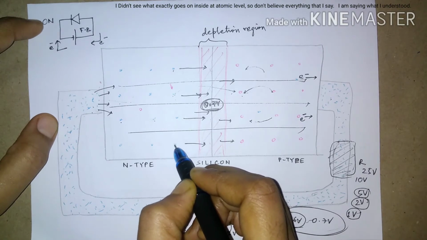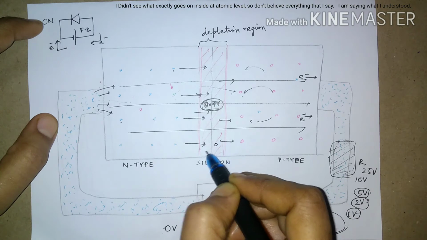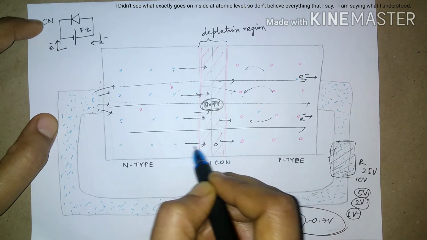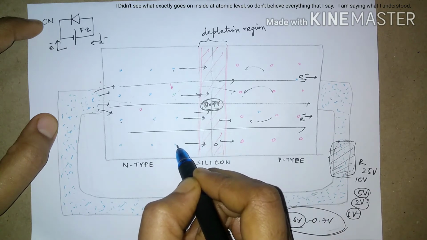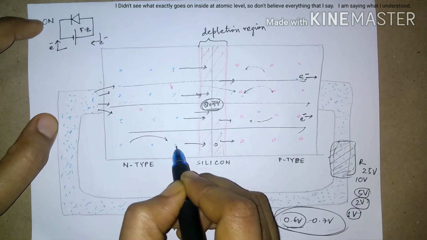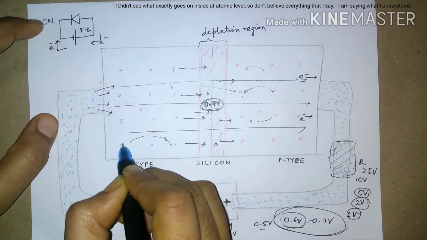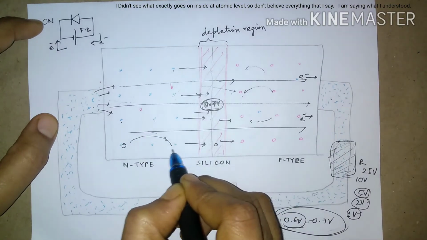When an electron comes and enters into another hole that is present here, a hole is getting created here, which is getting filled by another nearby electron. So as an electron is moving this side, a hole is moving this side. Now a hole is getting created here.